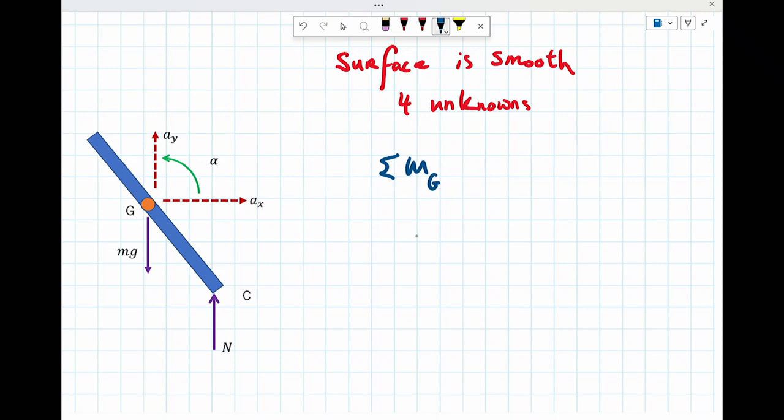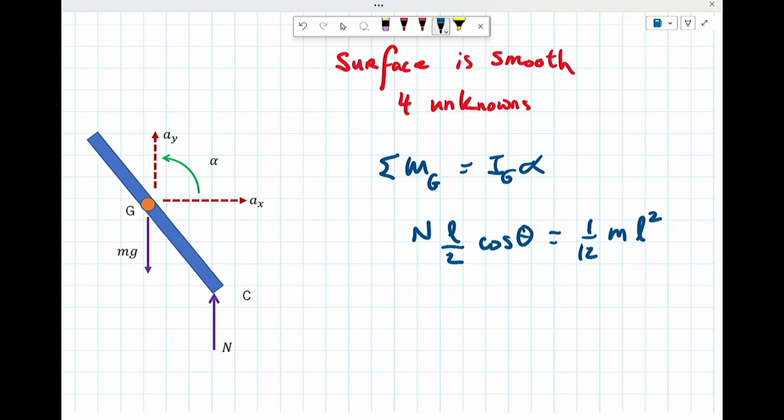Sum of moments about G, that's going to be N times L over 2 cos theta, which equals I G alpha. So it's 1/12 mL squared. And again, when I'm dealing with a rod, I know right away its moment of inertia about its center of mass is going to be 1/12 mL squared. And I need an alpha there.